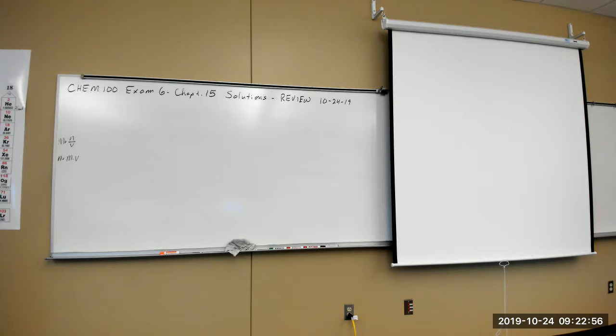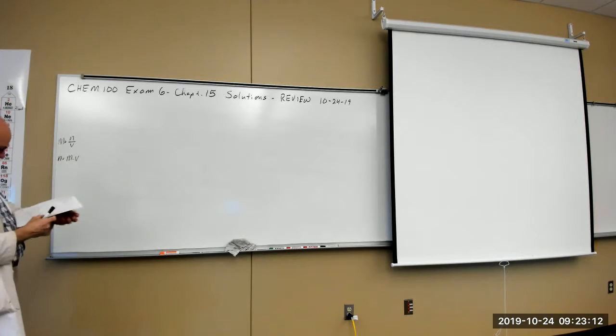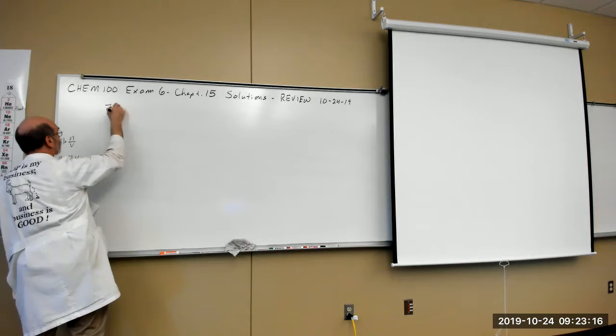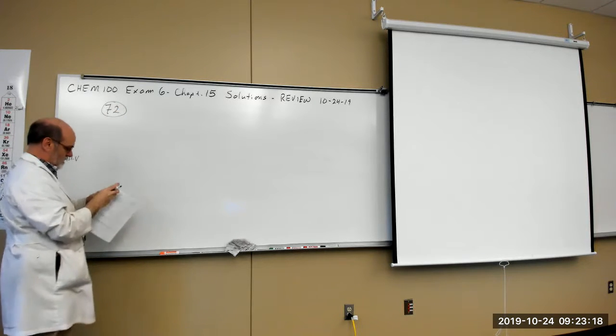Chapter 16. Acids, bases, and pH. Okay. So we will do that eventually. That's good to know. What did I say? 72. I went too far. Back up one page. All right.